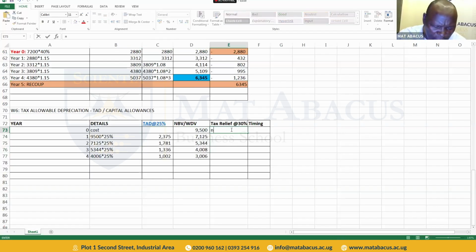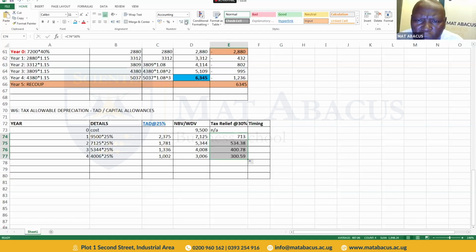In year 0, there is always no tax relief available. And the tax relief is always the TAD. You multiply it by the tax rate, which in this case is 30%. And when you run it, you will stop there.